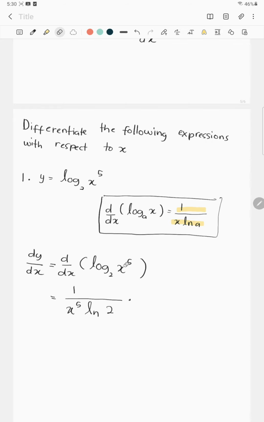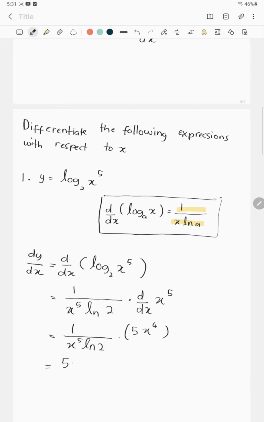x power of 5 is not the simplest x. It is x power of 5, which means we can differentiate it, so we will solve it using the chain rule. Write back x power of 5 ln 2, and differentiate x power of 5, we will get 5x power of 4.